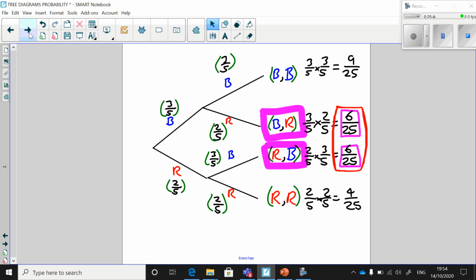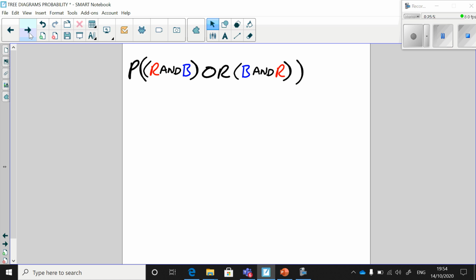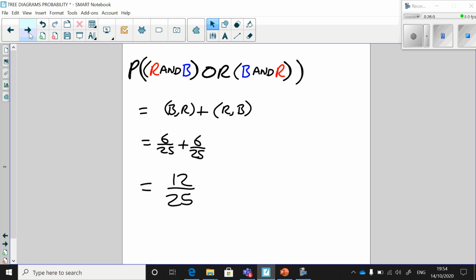Take those two probabilities, because there's more than one option here. Add them together. So the probability of a red and blue, or a blue and a red, is 6 over 25 plus 6 over 25, 12 over 25, and that would come out as 0.48 or something like that. Just leave it as a fraction, that's nice.